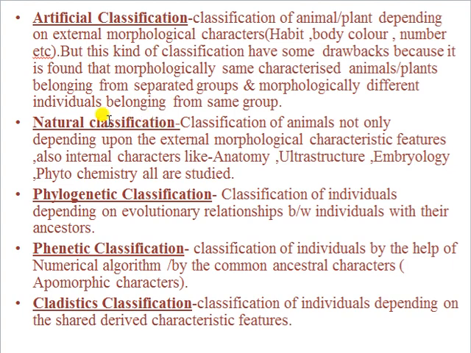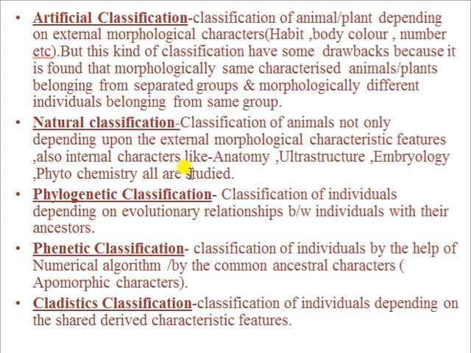Next, the natural mode of classification. This is the classification mechanism for animals or plants that depends not only on external morphological features, but also on internal or anatomical characteristics like the ultrastructure of each body organ and tissue, embryological evidence, and phytochemistry, that means the chemical substances present within the plants. All these things are studied, and only after studying all these aspects do we classify the plants or organisms.